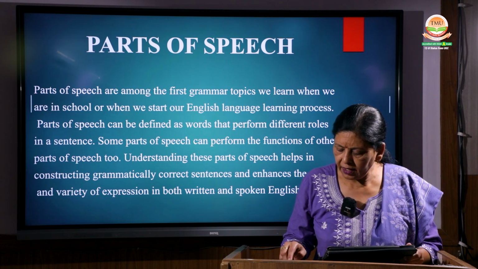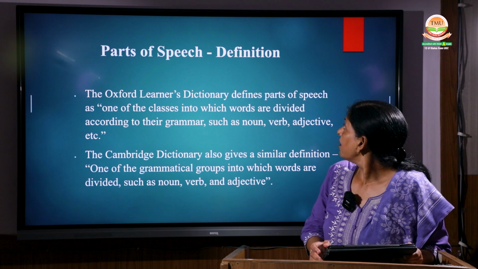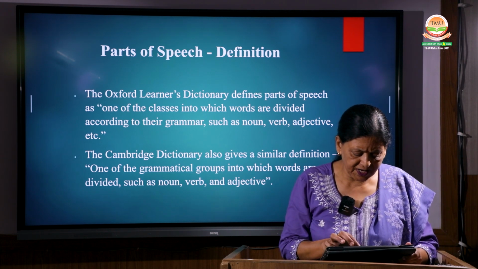So before beginning, let us discuss the definition of parts of speech.